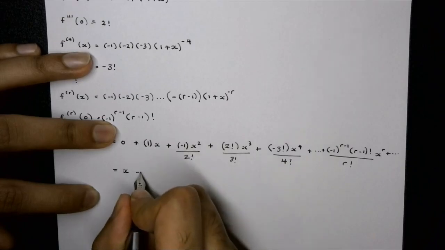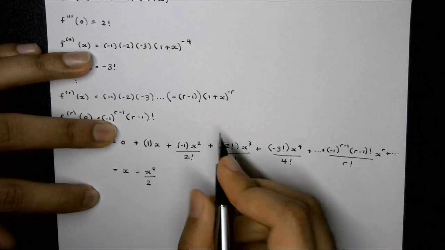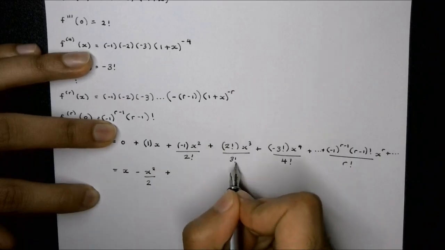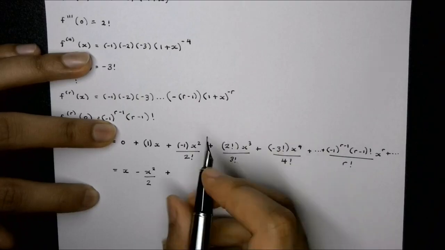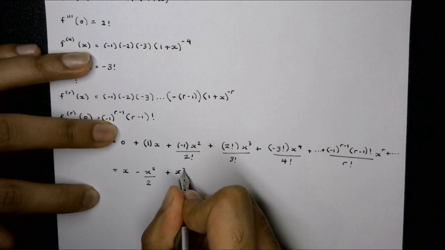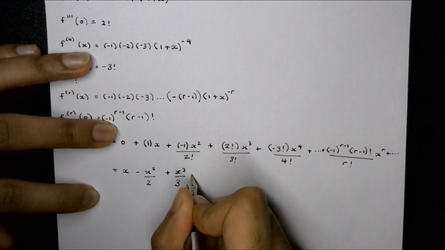So here we subtract off x squared over 2. Next term we're going to get a plus. 2 factorial divided by 3 factorial. Well, 3 factorial, that's the same as 3 times by 2 factorial. And the 2 factorials cancel on the top and bottom. So we end up with x cubed over 3.